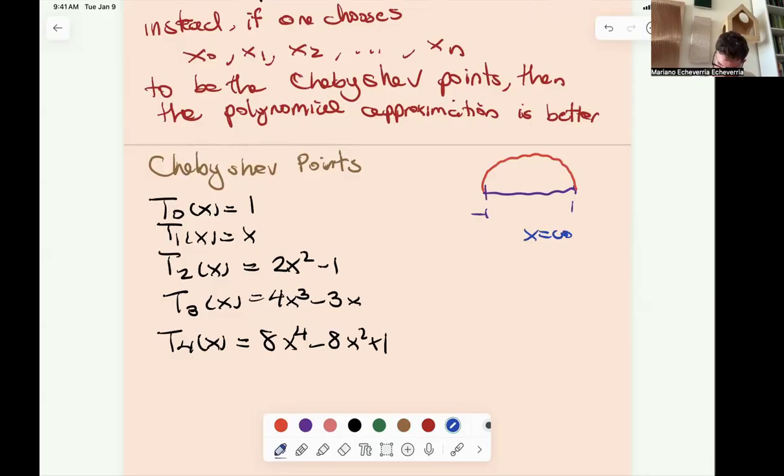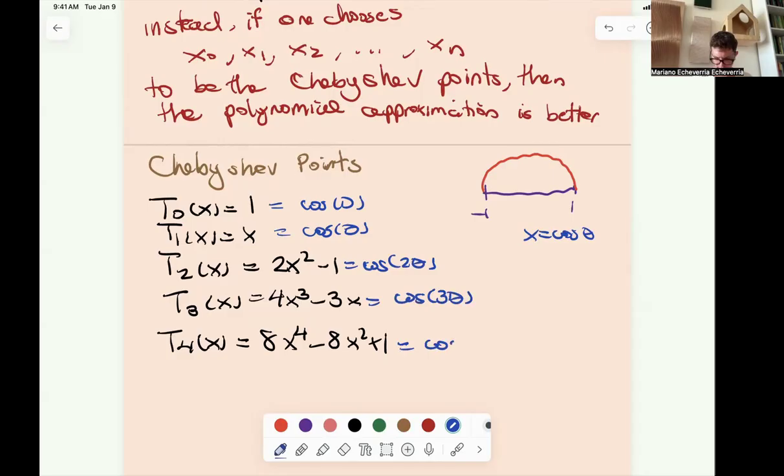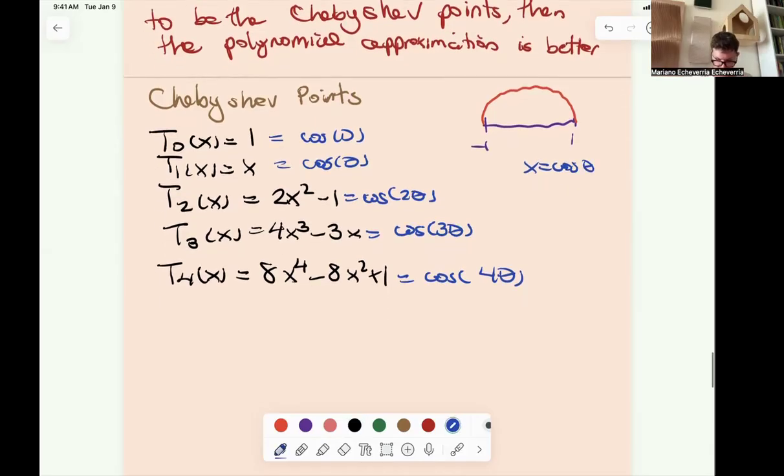Then T0 is cosine of 0, which is kind of silly, T1 is cosine of theta, T2 is cosine of 2 theta, T3 is cosine of 3 theta, and T4 is cosine of 4 theta. So in terms of theta, which is easier to understand, the Chebyshev polynomial is just cosine of n times theta.